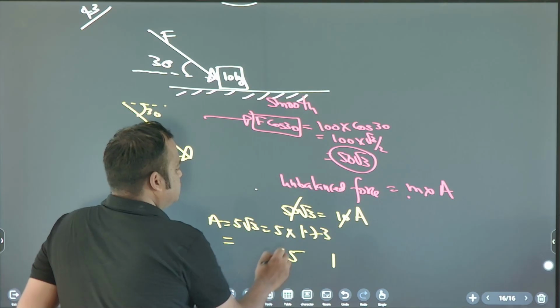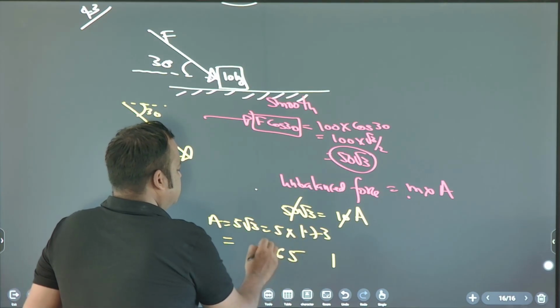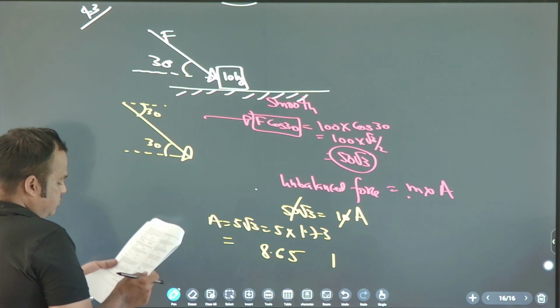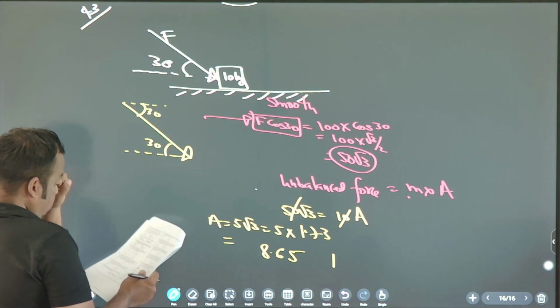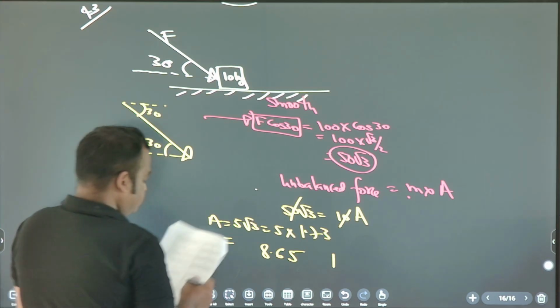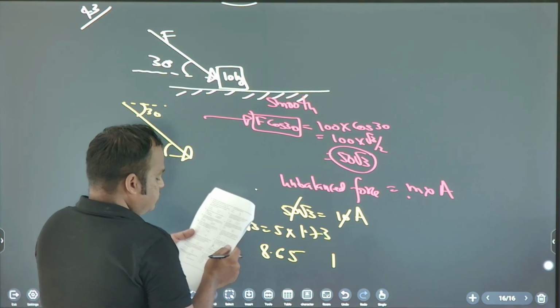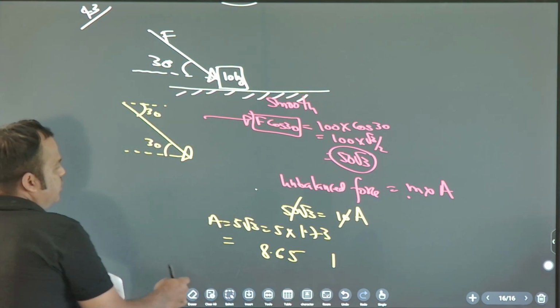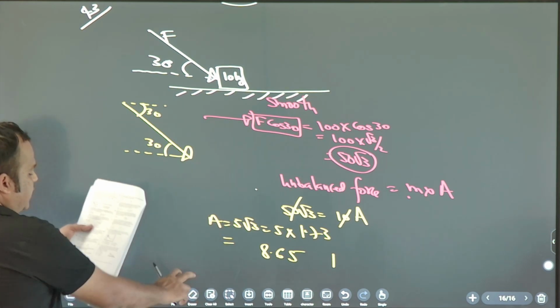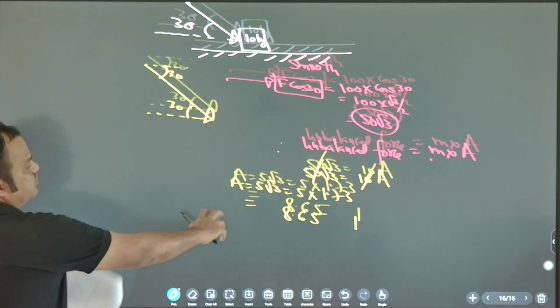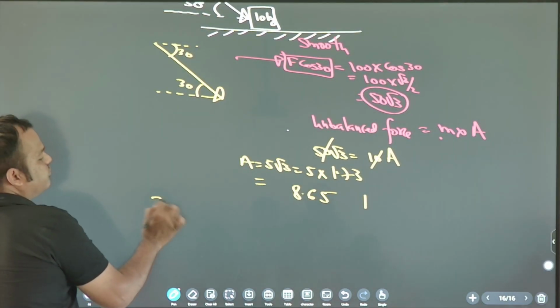8.65. What is the answer? Okay, this is the acceleration. They are asking the speed after 10 meter. How to find the speed after 10 meter?